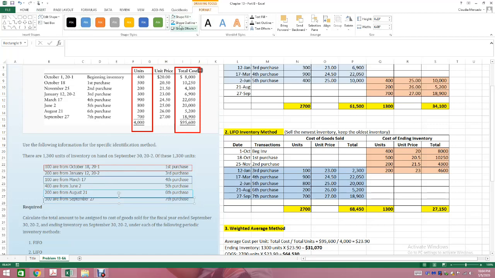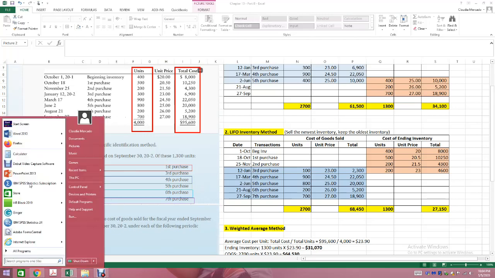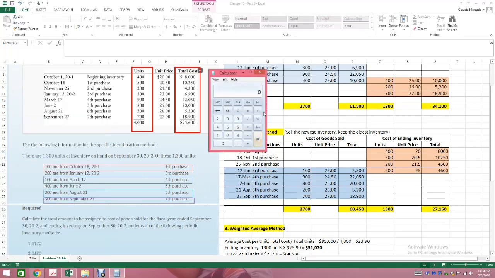So for the seventh purchase, we had 700 units. We did not sell 300, so that means there was 400 that we did sell. How am I getting that 400 units? Well, I have 700 units. The problem is telling you 300 were not sold, so that's minus 300. So that means you must have sold 400 of them.